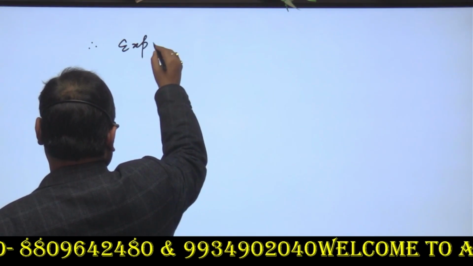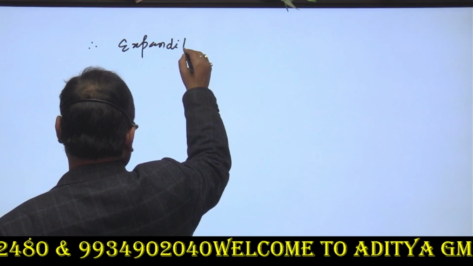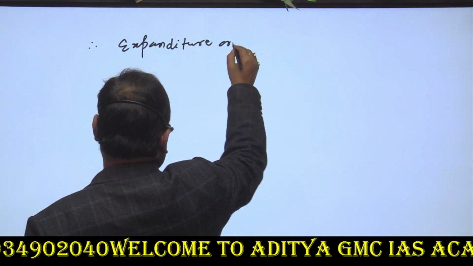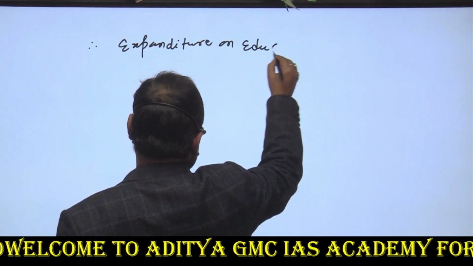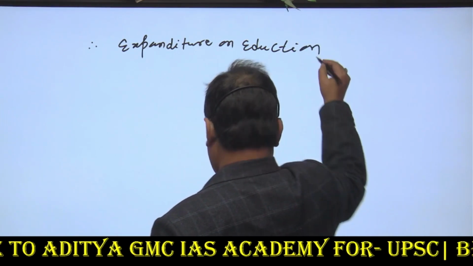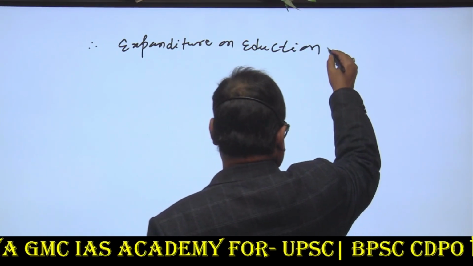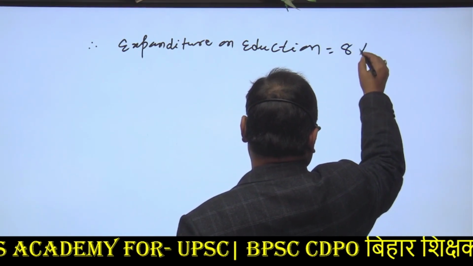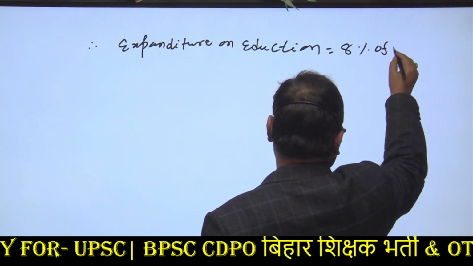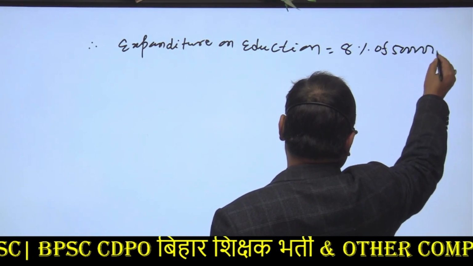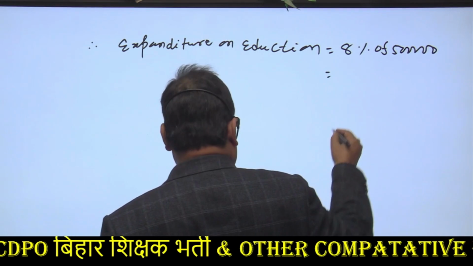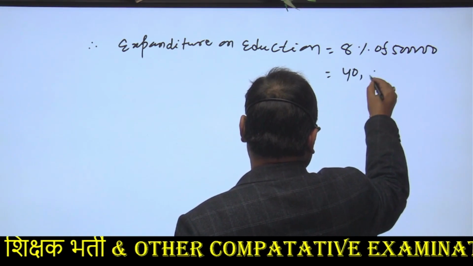Expenditure on education equals to 8% of 5 lakhs equals to 40,000.